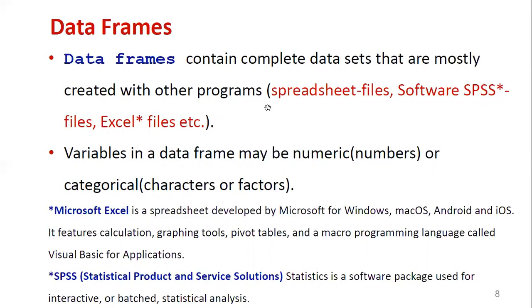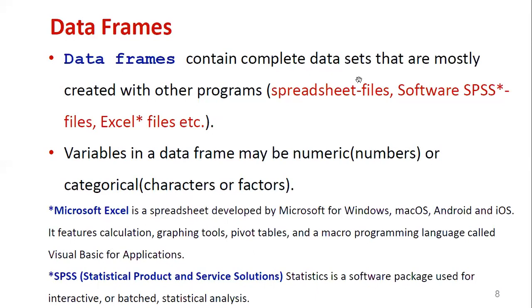Then Microsoft Excel is also a spreadsheet, developed by Microsoft, especially for Windows, Mac operating system, Android and iOS. It features calculation, graphing tools, pivot tables, and a macro programming language called Visual Basic for Applications. These are all the features of Microsoft Excel.